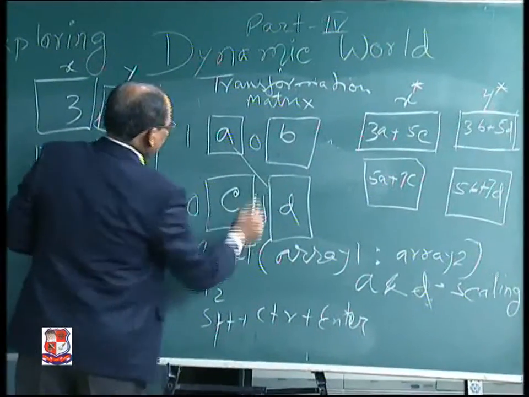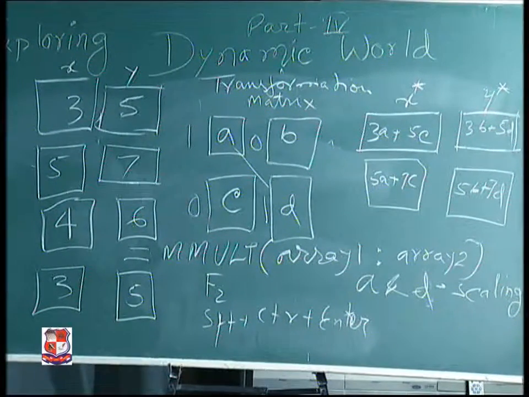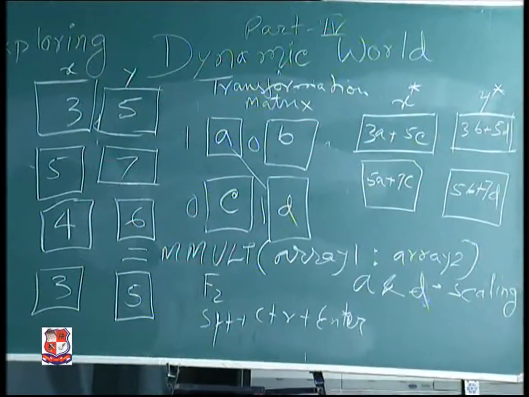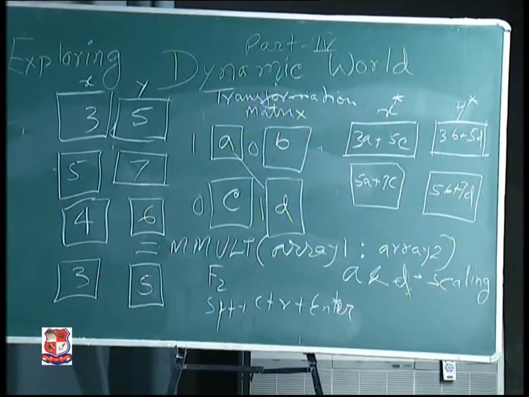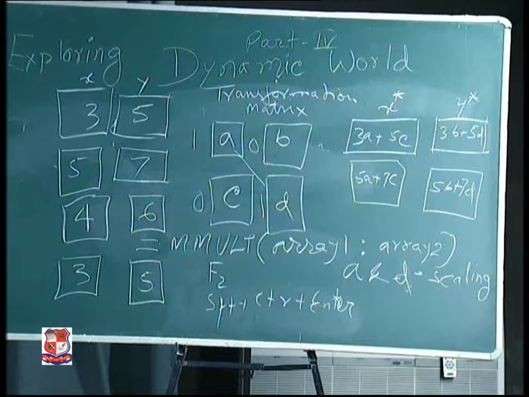So, A and D, the main diagonal, is for scaling, and how will it scale? If A and D are less than 1, it will compress, and if they are more than 1, it will enlarge.